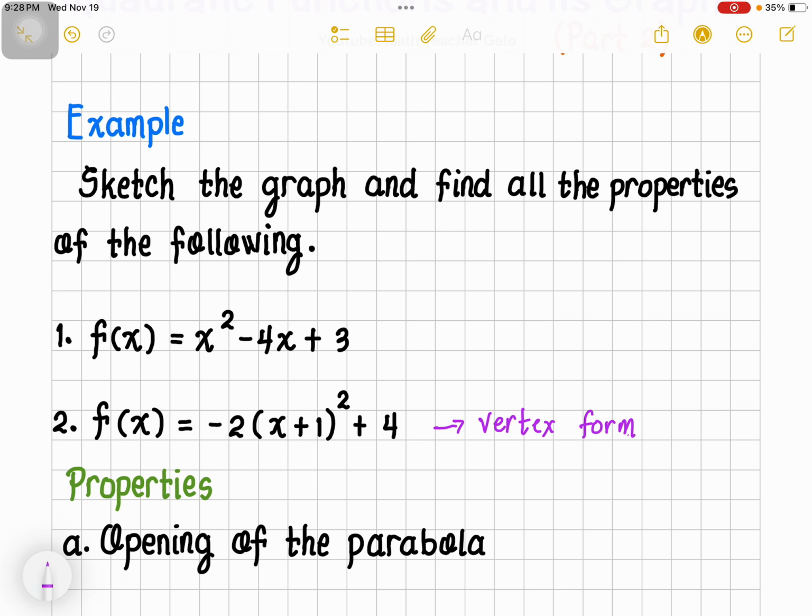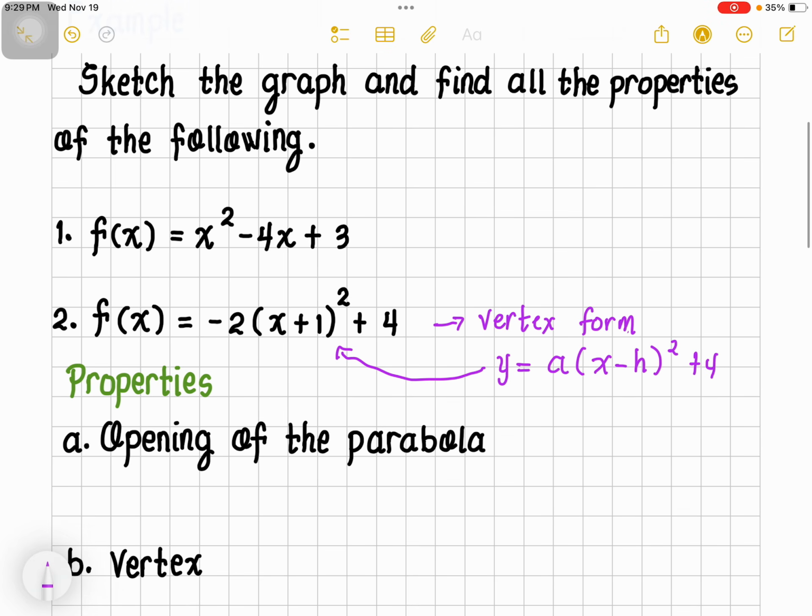Standard and vertex form. So, we all know that kapag vertex form, that is y is equal to a times the quantity of x minus h close squared plus k. Okay? Kung i-compare natin yan, naka-express in vertex form.